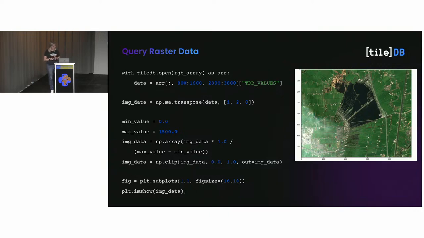This is all using just the NumPy package. Because I have 3 bands, the red, green, and blue, I want to normalize them between 0 and 1 and plot them all together. I know I've skipped some imports here. They will be in the Jupyter notebooks. So that's pretty easy: load the data and just use NumPy and everything else.